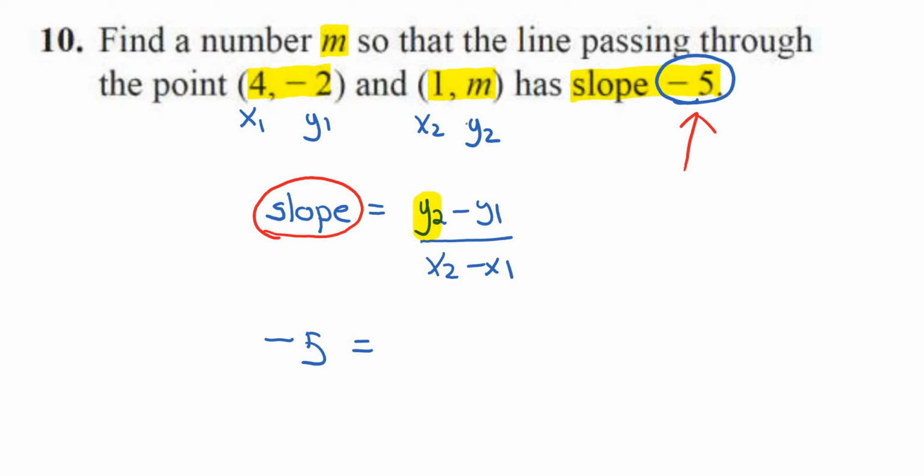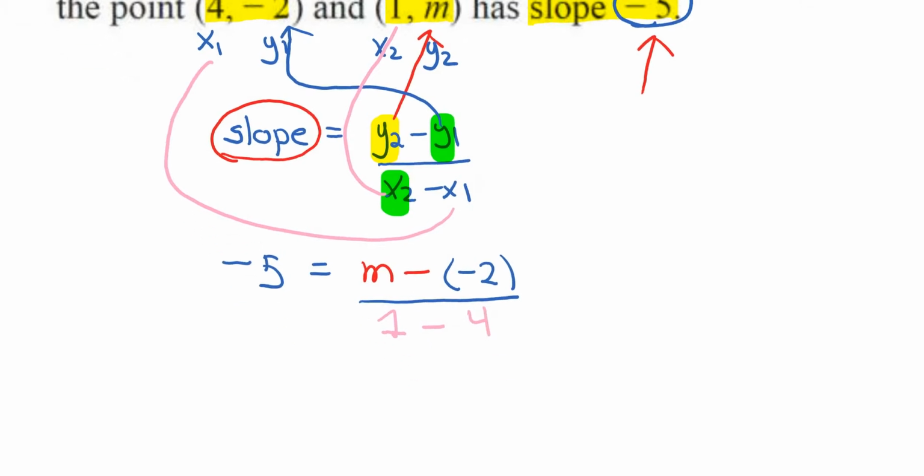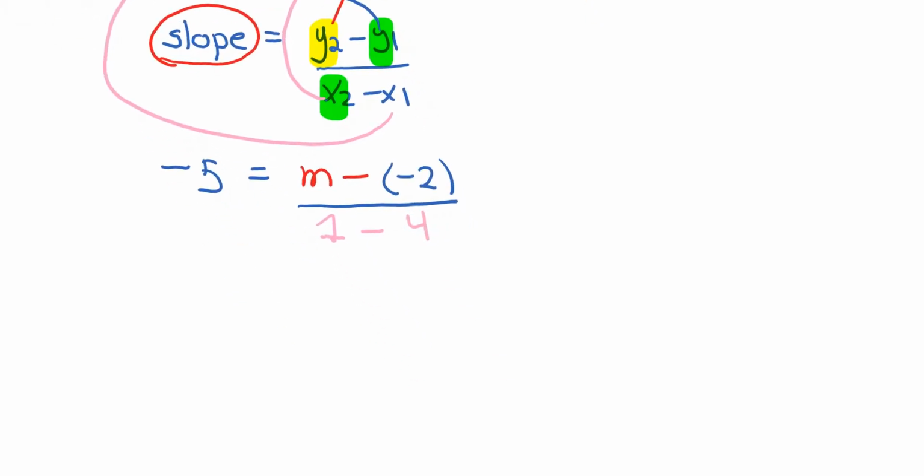It's m, so m minus, and the value of y1 is -2, so (-2), all divided by x2, which is 1. So 1 minus, and the value of x1 is 4. So 1 minus 4. You're plugging those coordinates into your slope formula.